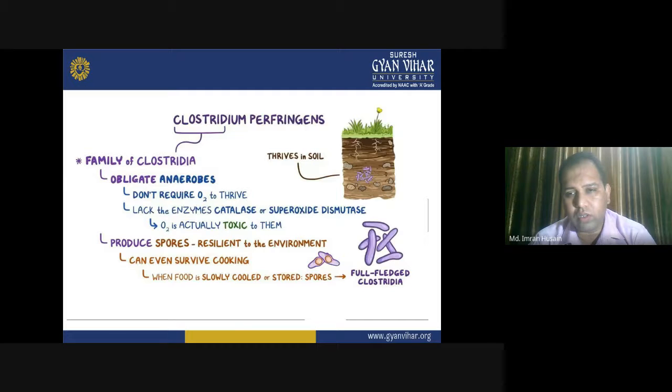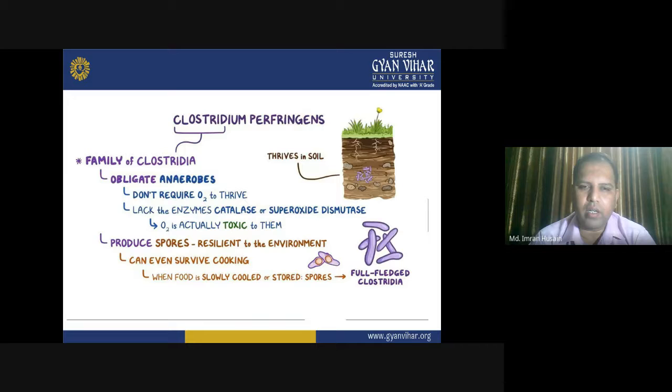Spores form full-fledged clostridia. So one really has to be extremely careful when dealing with this type of clostridium because, on the other hand, it is another form of clostridium, but it is also really very tough in nature.